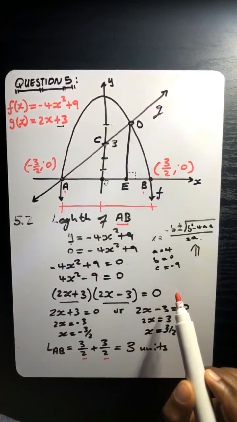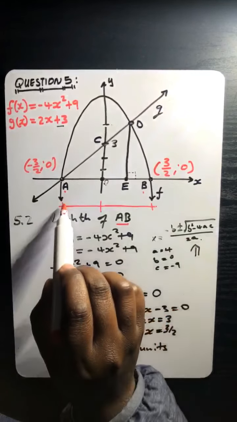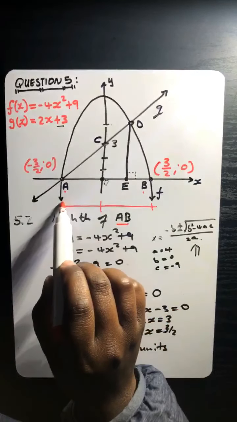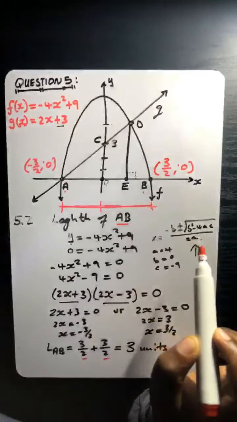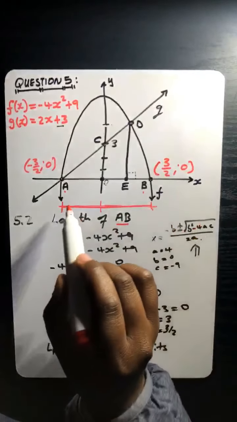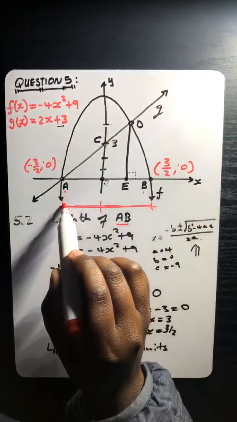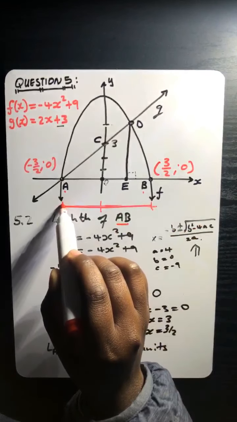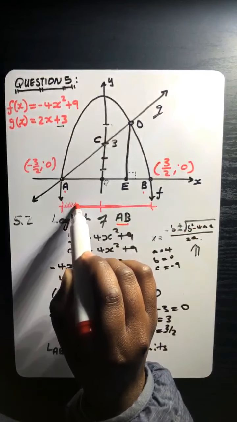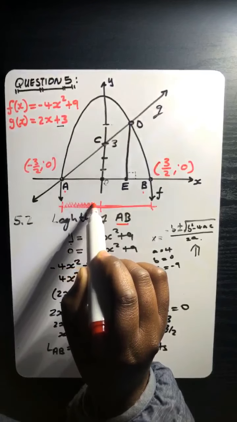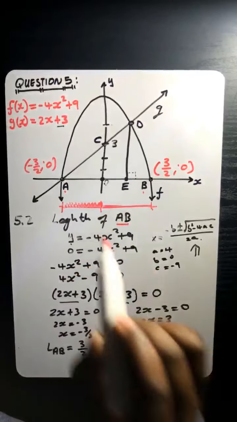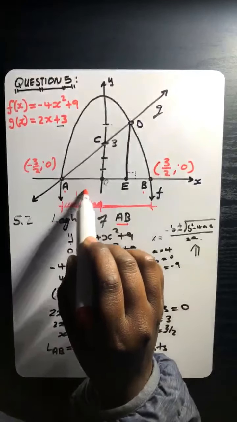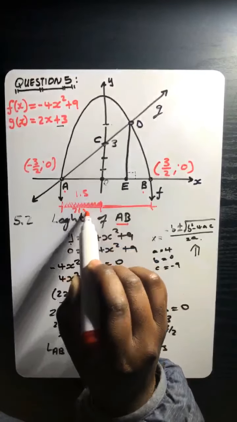Okay. So it's more like, Lerato, they are asking how long is it from A to B? So that means you will have to walk 1.5 units from A. Now we are tired. We have walked 1.5, which is 3/2.